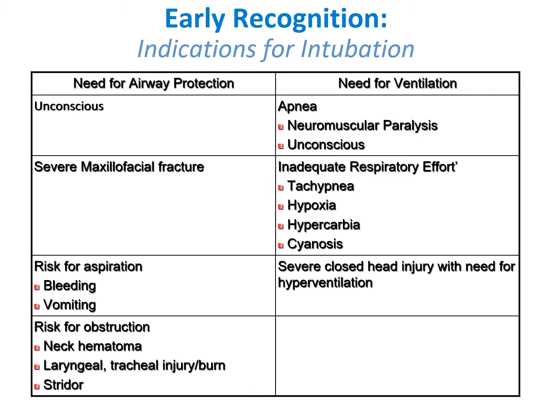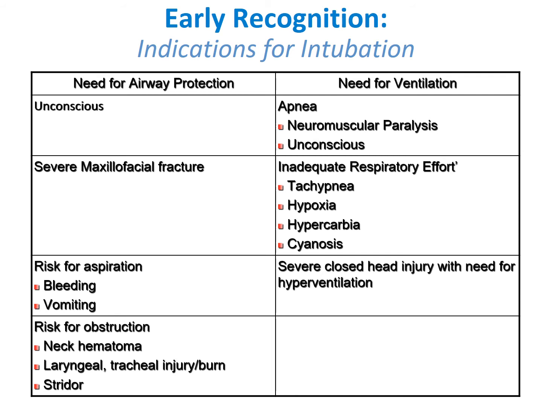And from our ventilation standpoint or breathing component. Are they apneic? Is there a presence of neuromuscular paralysis? Are they unconscious and cannot adequately maintain their breathing pattern? Poor respiratory effort. These are those things we look at, such as rapid respiratory rates, high carbon dioxide, low oxygen, presence of cyanosis.